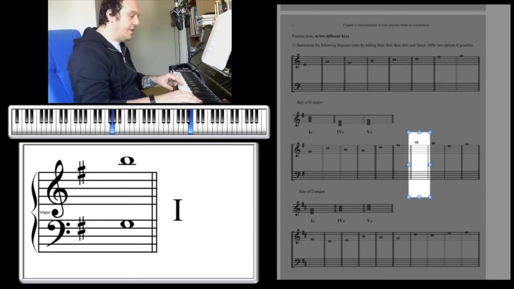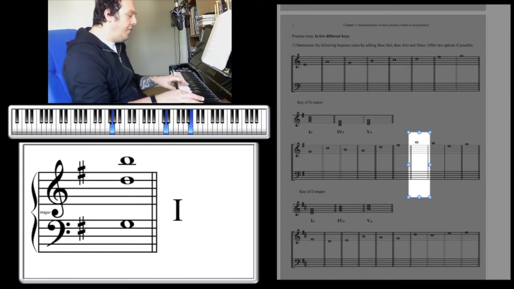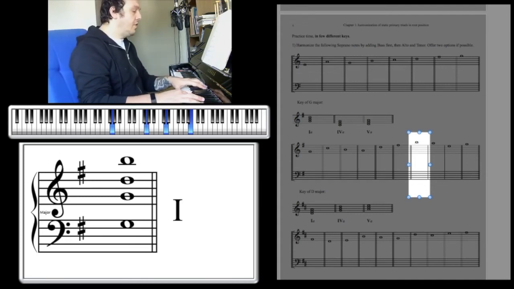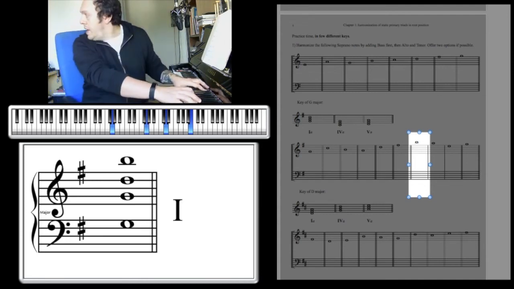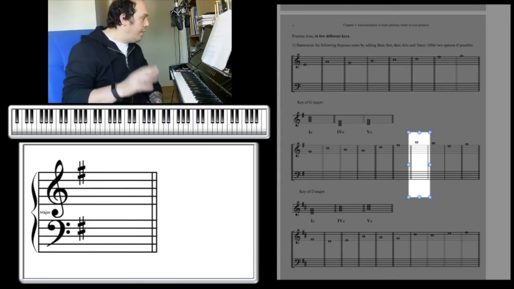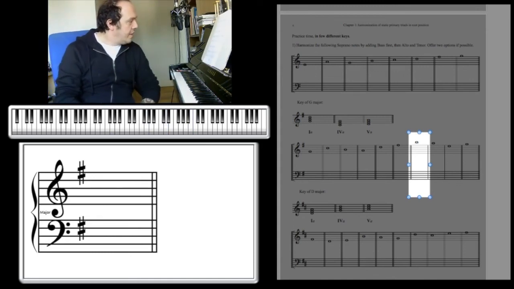The bass is gonna take that. My soprano is up there on the B. The alto is going to take the fifth. And my tenor is gonna double the root. Now again, that tenor should be in the bass clef, but the software isn't doing it. So that's how you use the handout. That's how I want to use the handout.